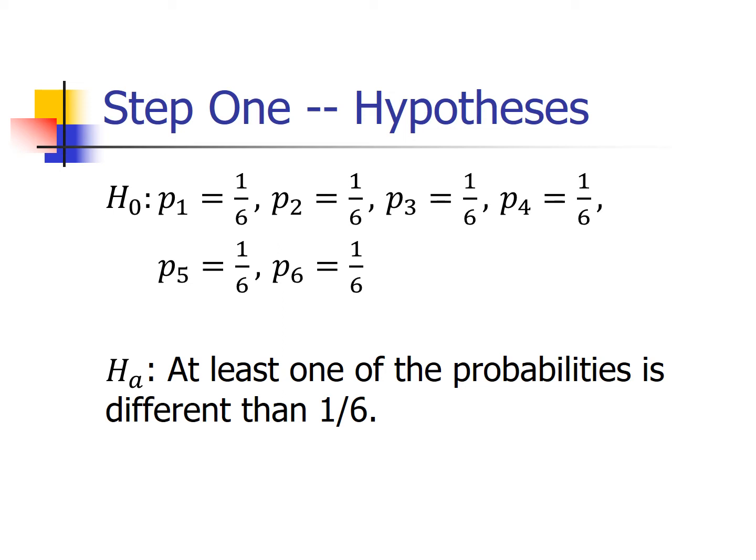It has 6 categories, and so we have a conjectured probability distribution. 6 outcomes, 1, 2, 3, 4, 5, 6, and our null hypothesis is that they're all equally likely, that they all have a probability of 1/6. The alternative is just the negation of that: at least one of these has a probability different than 1/6.